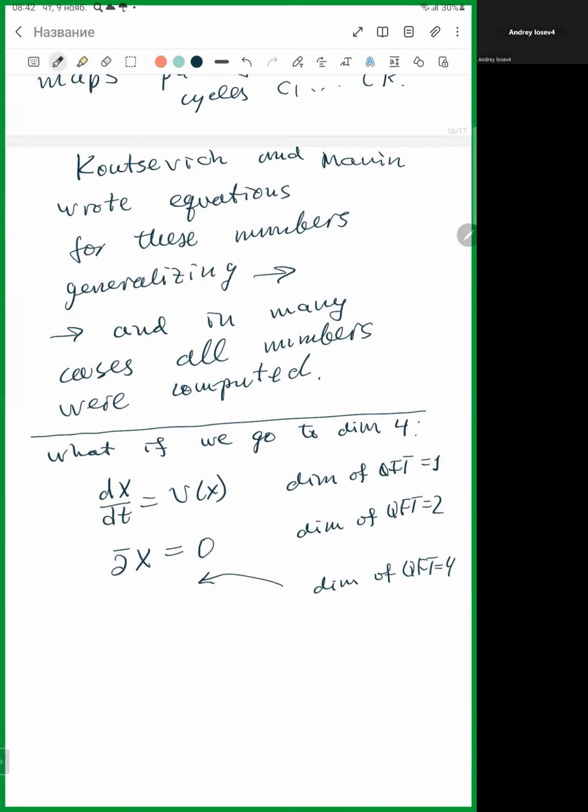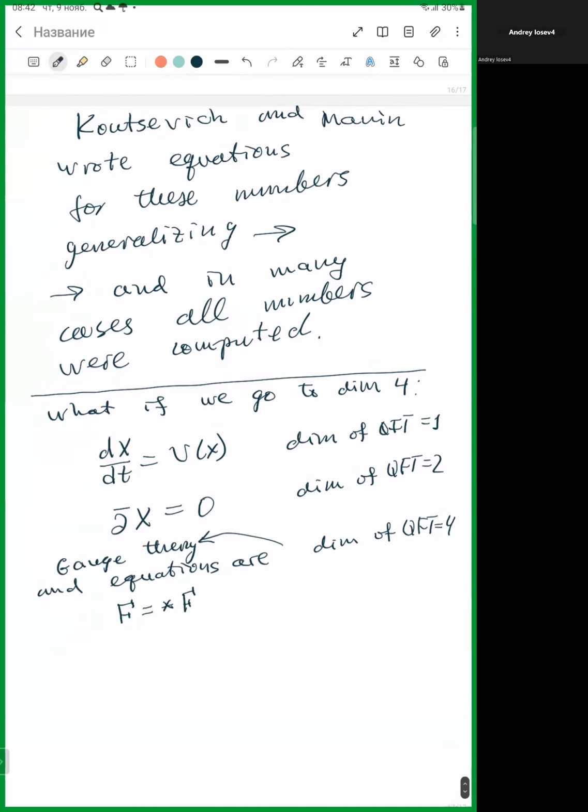Here we should study gauge theory and equations are F equals F dual. And this is known as the Donaldson theory.